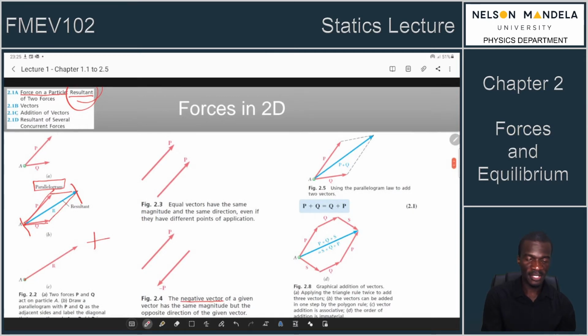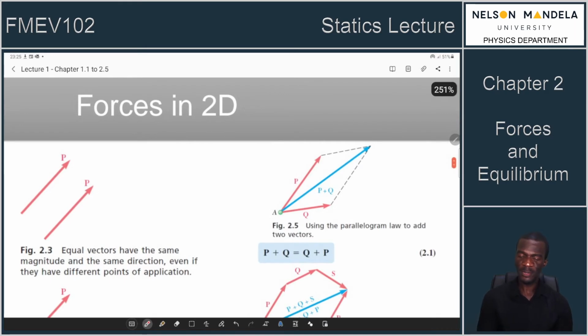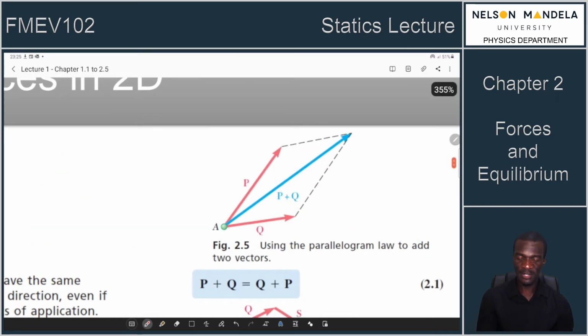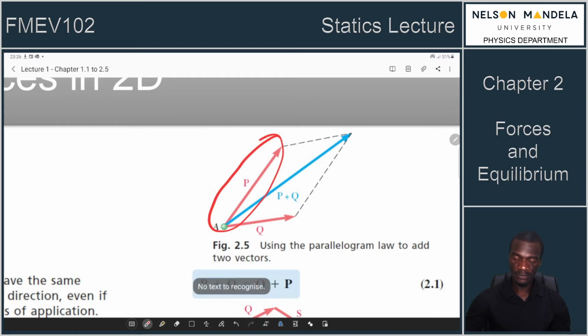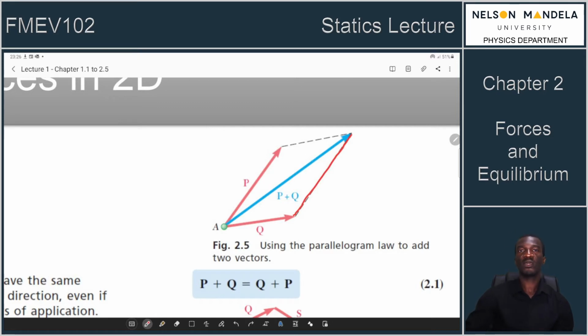Then the third principle is on addition of vectors. We've already done this before. So I'm sure you know that for you to find the resultant, you need to add the two vectors. How do you do that? So this parallelogram was formed by the initial force. So there's a force Q. Then we took this force P and we drew this force at the tip of force Q. This means that we now have a second force P, and it's an equal vector according to the previous principle.